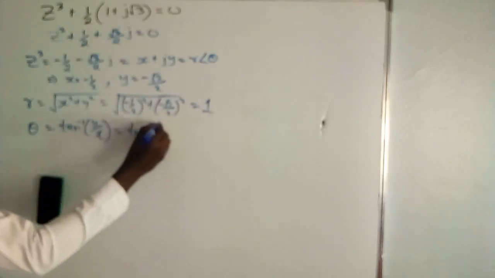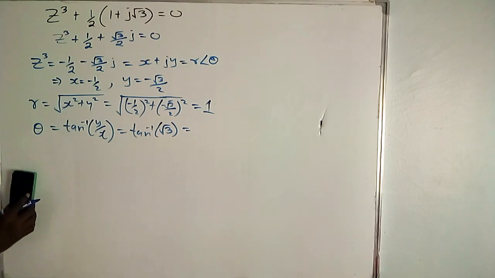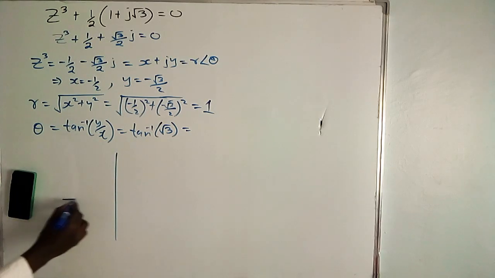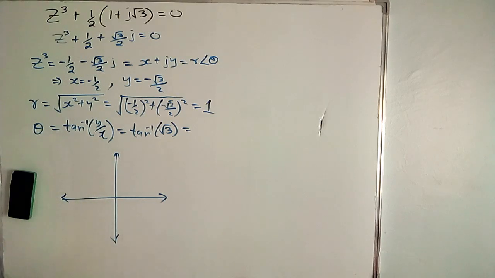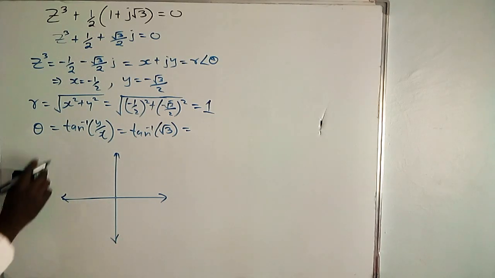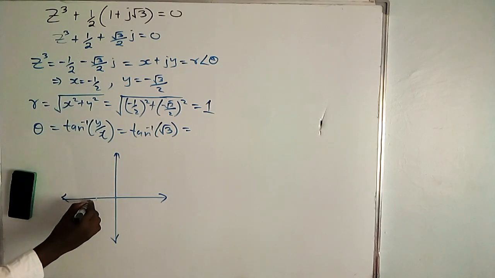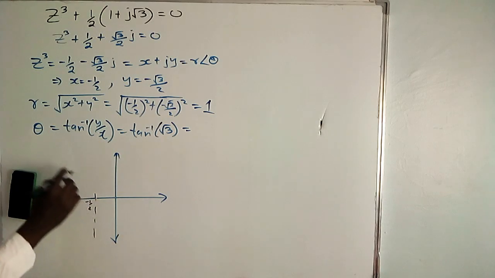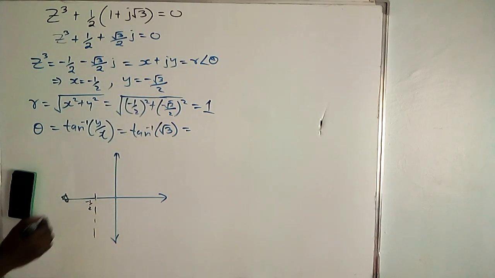So when you're looking for the tan inverse, you check which quadrant you are dealing with, isn't it? You look at your x value. So if you draw the complex plane, the imaginary axis and the real axis, x is negative half, meaning x is negative, isn't it? So when x is negative, you go on the negative side of the real axis.